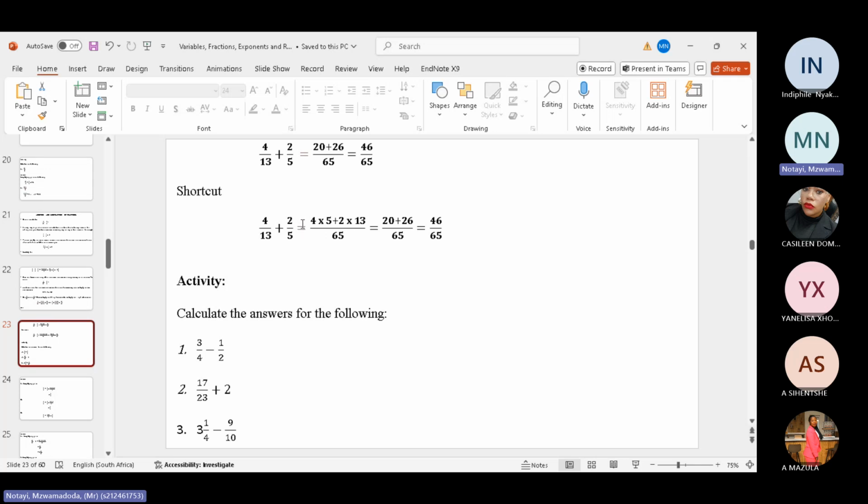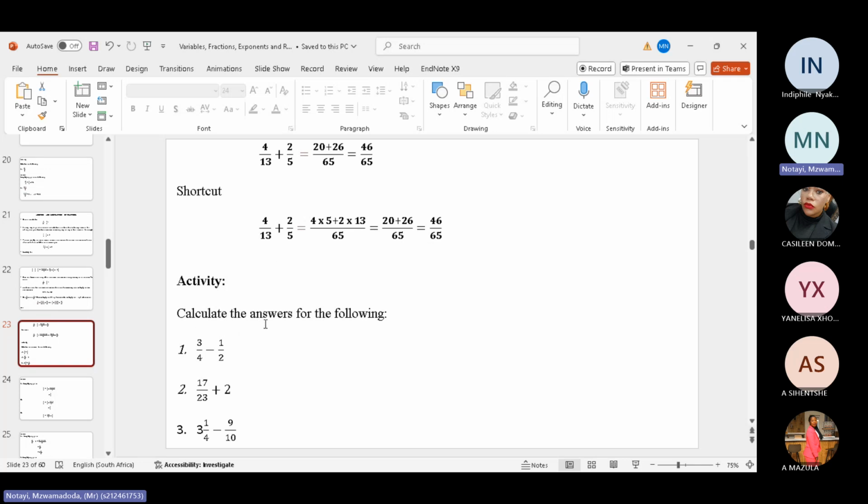So you have 2 multiplied by 13, and then we have 4 times 5 plus 2 times 13 divided by 65. And then you just proceed with the operations. 20 plus 26 over 65.